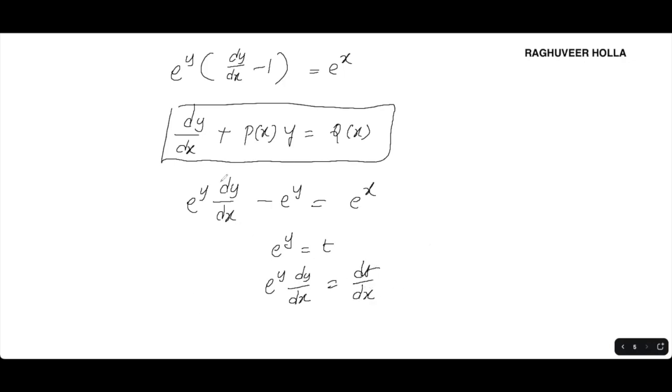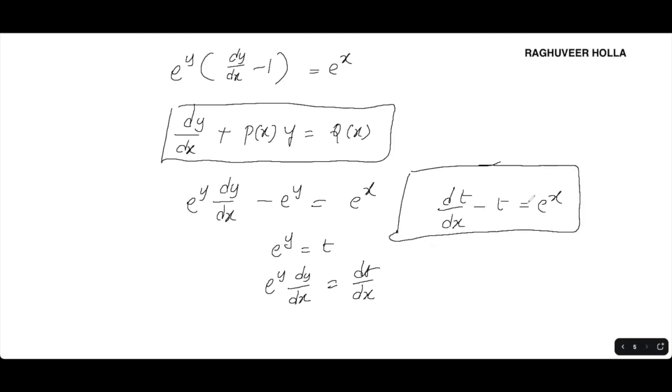So your equation becomes dt by dx minus t is equal to e to the power of x. So this is the required differential equation of the form. So p of x will be minus 1 when you compare to this, and q of x will be e to the power of x.